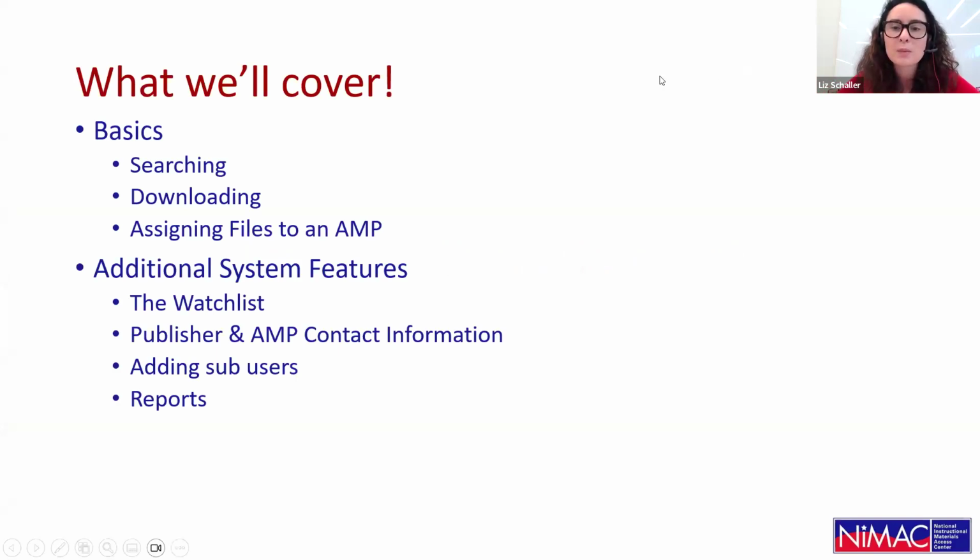So it'll be a lot of information, but please again don't hesitate to stop me and ask a question as I'm going through. With that, I will go ahead and stop sharing my screen and we'll switch over to the website.